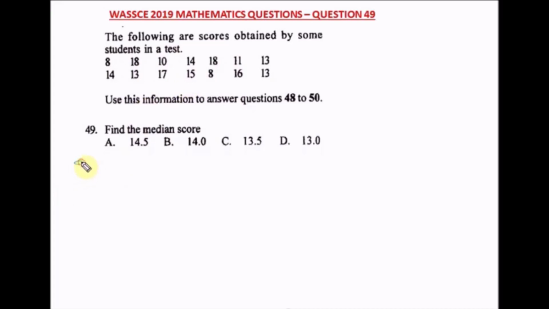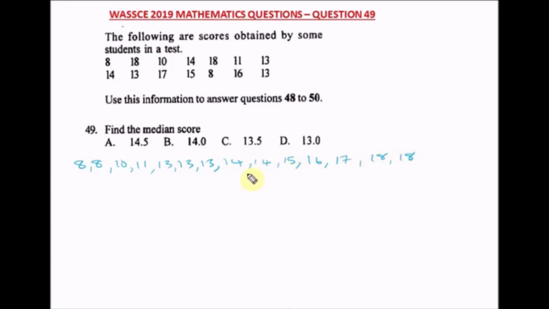So we start from 8, we have another 8, we have a 10, we have 11, we have a 13, we have 13 how many times? 3 times. Okay, we have a 14 2 times, we have a 15 once, we have a 16 once, 17 once, and we have an 18 which appears 8 times.